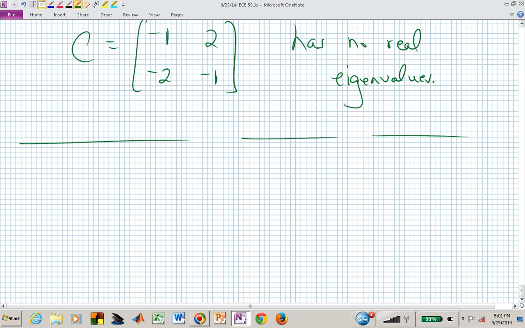We now had complex eigenvalues, -1 plus and minus j2, so we could find matrices with real coefficients that do not have real eigenvalues associated with them.